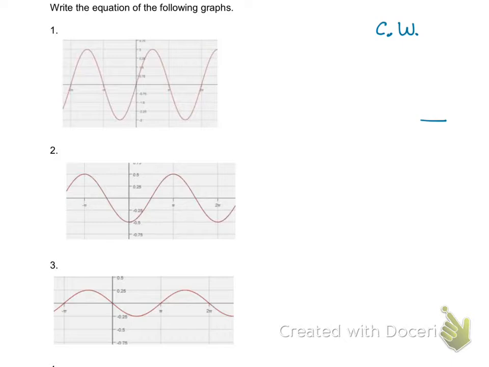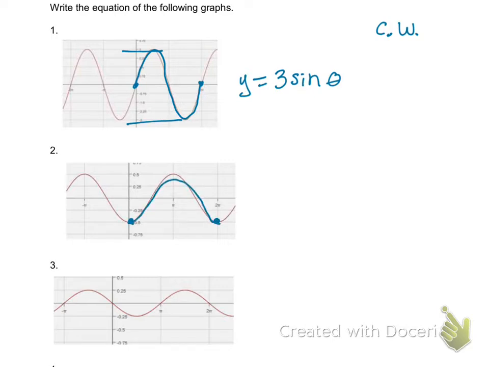So this, the max is 3, the min is -3, and then when I sketch it, I see that it's sine, right? So I know it's going to be y equals, your amplitude is 3, sine theta. Okay, so then look at these, and you say, okay, here it is, here to here.